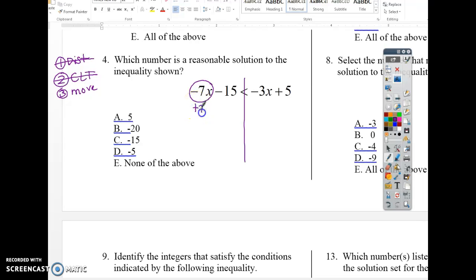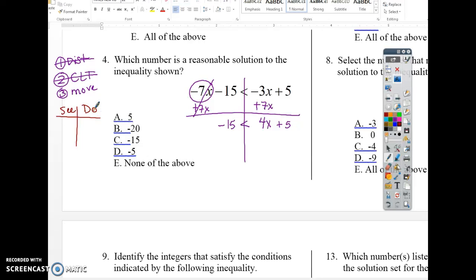You would add 7x to both sides. So then we do negative 3x plus 7x. That gives me 4x. Bring everything else down, plus 5. Bring down the inequality, and bring down the negative 15. See do?